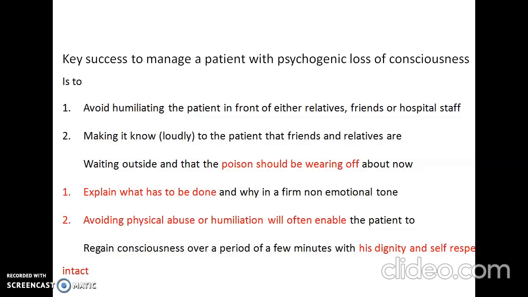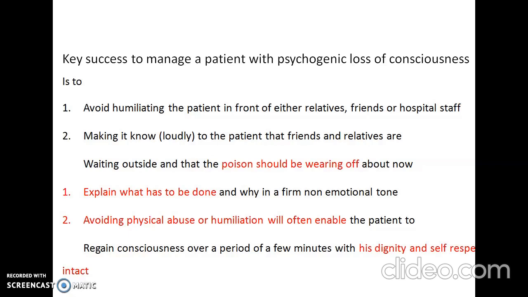Avoid humiliating the patient in front of relatives, friends or hospital staff. This is the first thing to be done after understanding it is fake coma. Next, say loudly to the patient that friends and relatives are waiting outside and that the poison should be wearing off about now.